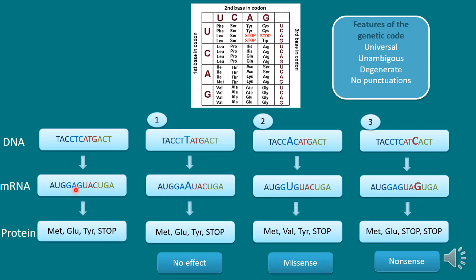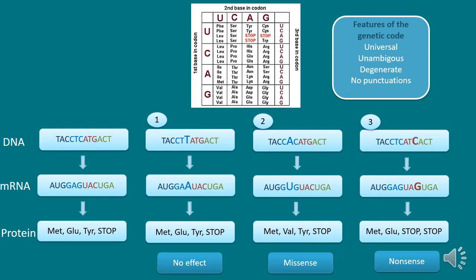In the normal mRNA molecule, the second codon is GAG and it has called for glutamate. But now it has changed into GAA. And as you can see here, the GAA codon also is calling for glutamate.